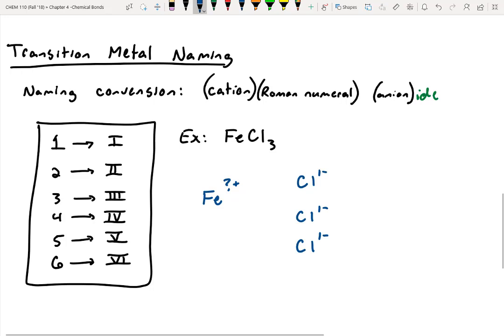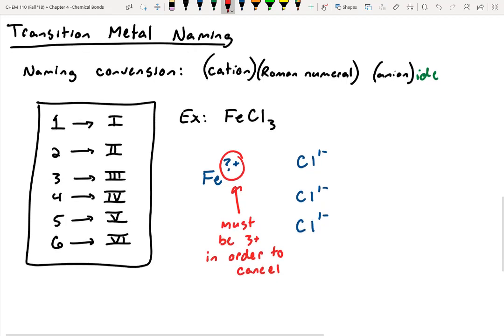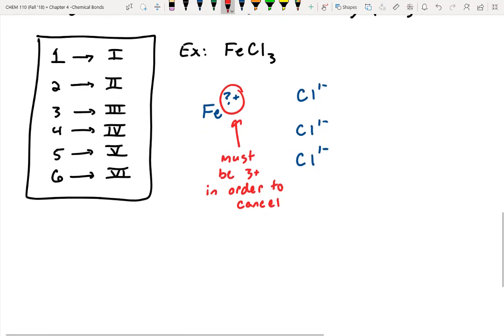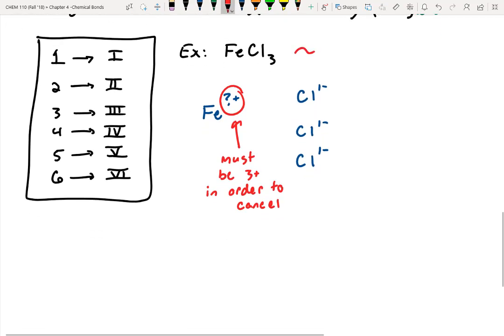So what charge must the iron have in order to cancel out the chlorines? Well, it's got to be 3 positive, right? So we'd say it must be 3 plus in order to cancel. All right, so now what we would do is work on the name. So we would say cation first is iron.